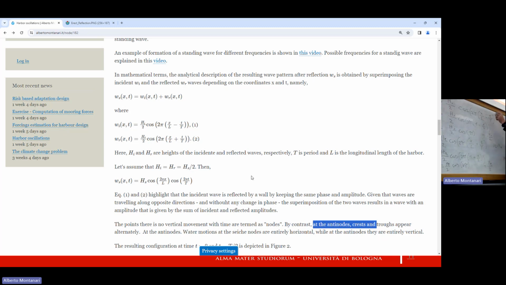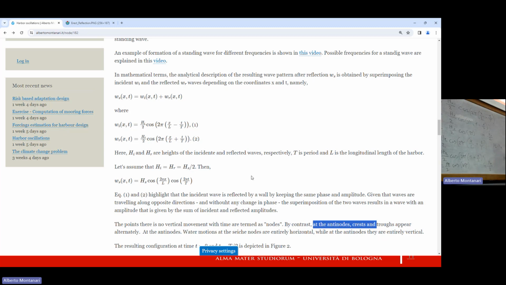Now, as time moves, basically you describe the wave, the up and down. When you have the next half period, you get the up of it. In the first half period you have the down, because the equation is written in this way, and in the second half period you get the up of the wave.